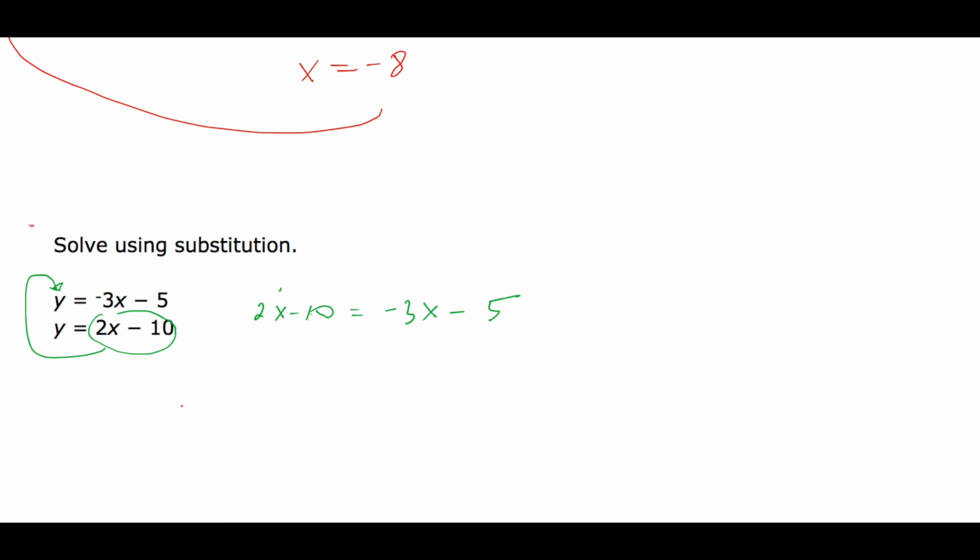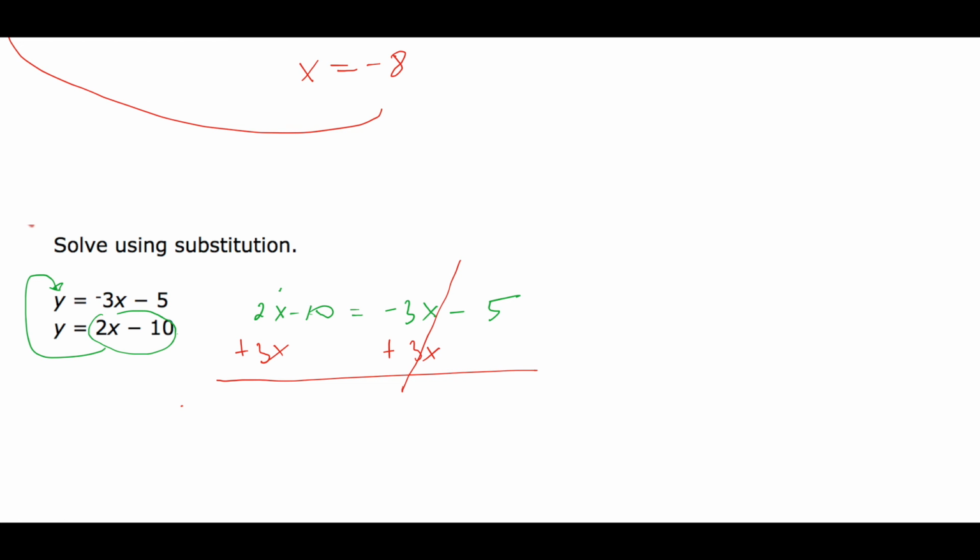Get all the x's on one side, the non-x's on the other. We want that on the other side. So what do I write here? Okay, plus 3x, and then plus 3x. All right, go like that.